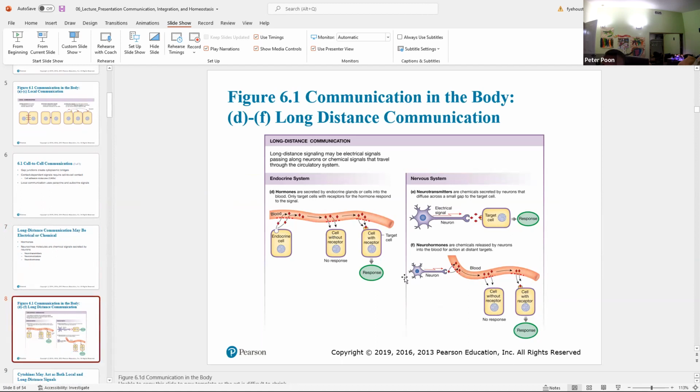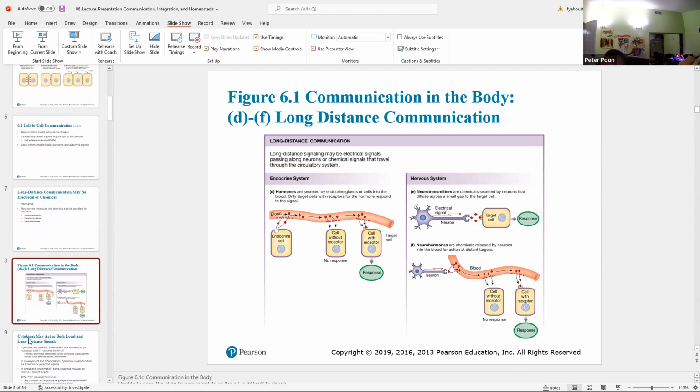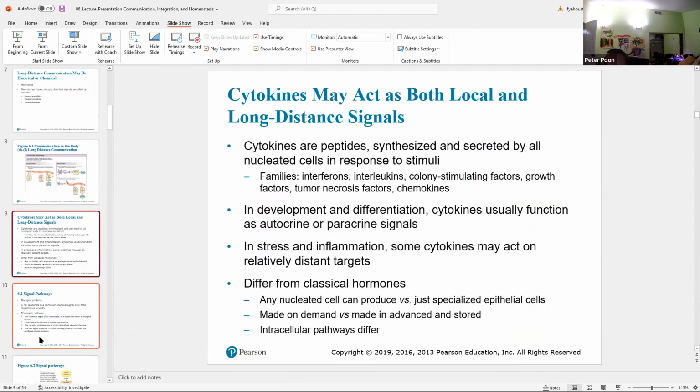You'll see this more in the brain. Neural hormones and neuromodulators are the same pathway.